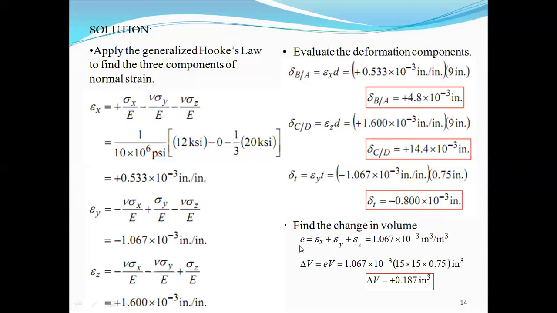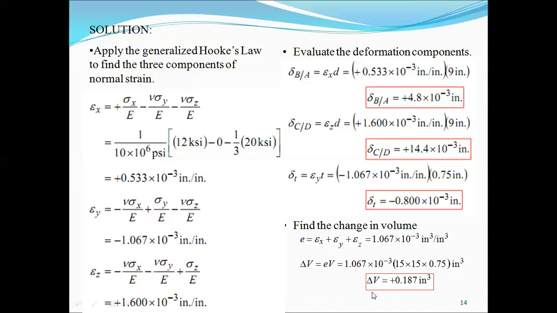Now calculating the dilatation, we have to add epsilon x, epsilon y, and epsilon z. After adding these, we get the dilatation as 1.067 times 10 to the power minus 3 inch cubed per inch cubed. The change in volume, delta V, is equal to e times V, where you put in the dilatation and the volume, 15 times 15 times the thickness.